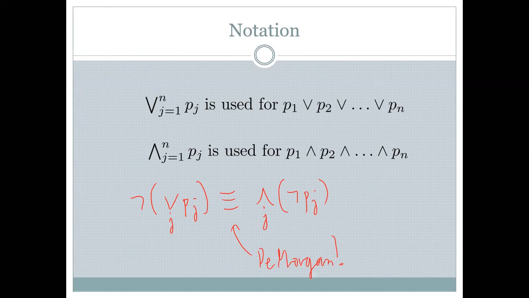And similarly, you could do that with the ands as well. If you negate a bunch of ands, that's going to be the or of a bunch of nots of those things. So in other words, not and over j of PJ is equivalent to or over j of not PJ.